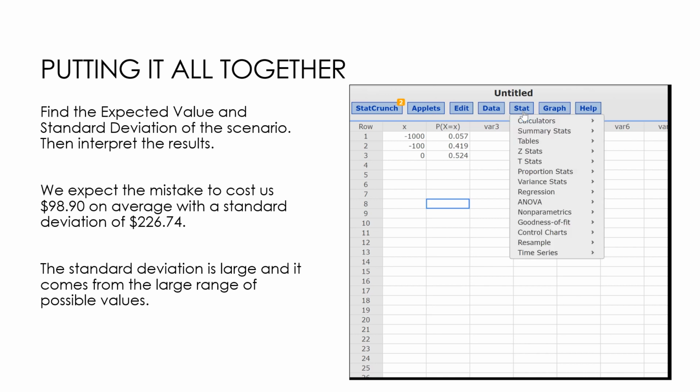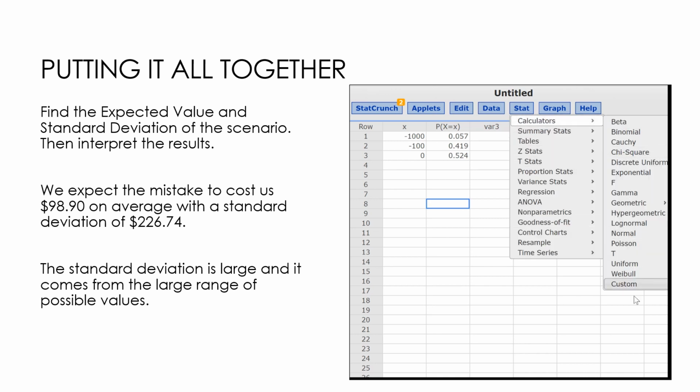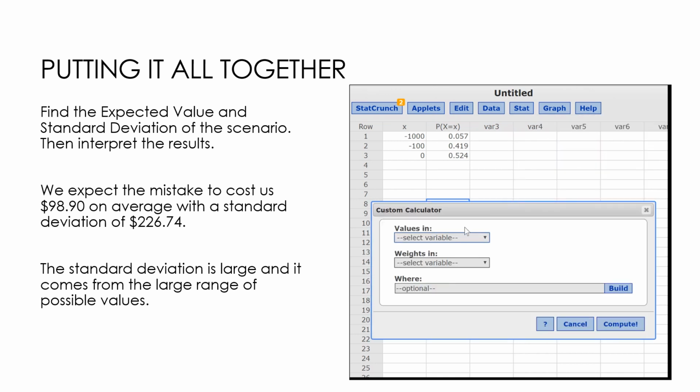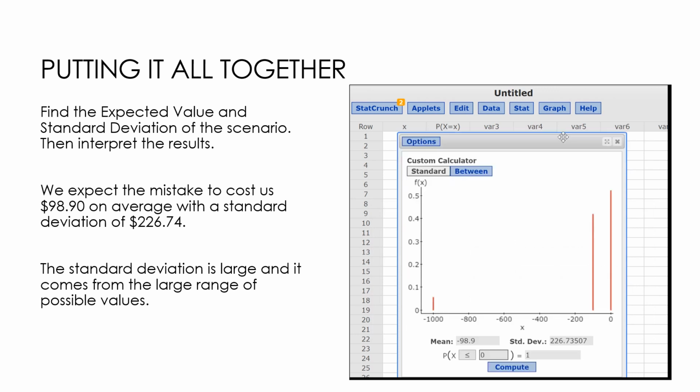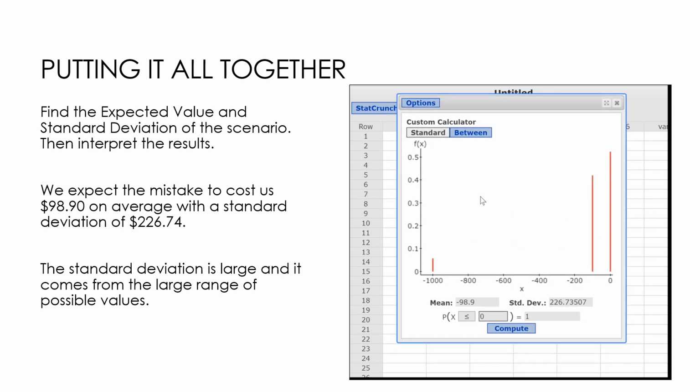To find the solution, Stat, Calculators, Custom, the values are in X, the weights are in the probability that X equals x, and I compute, and I end up with a mean of negative 89.9 and a standard deviation of 226.74, rounded to the nearest cent, which is what would make sense in this question.